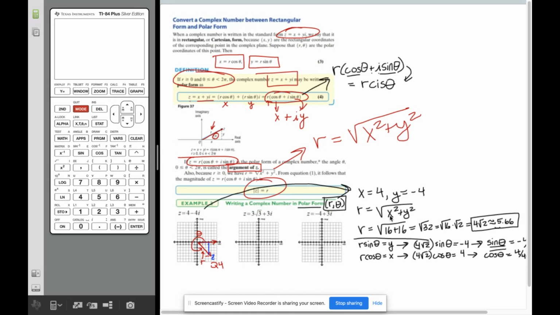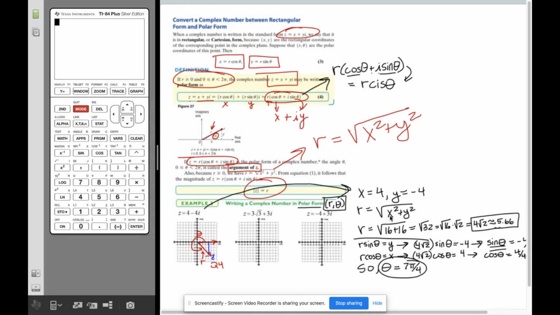So that's the cosine of theta. The only way you can have that sine and that cosine is if theta is a pi over 4. We can do this a couple of different ways. I think we'll use 7 pi over 4. So theta will be 7 pi over 4, because of the two angles that we had right there.